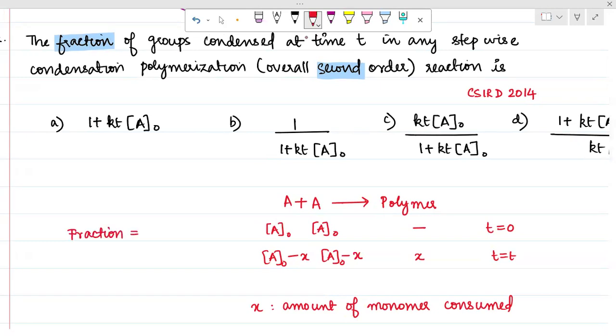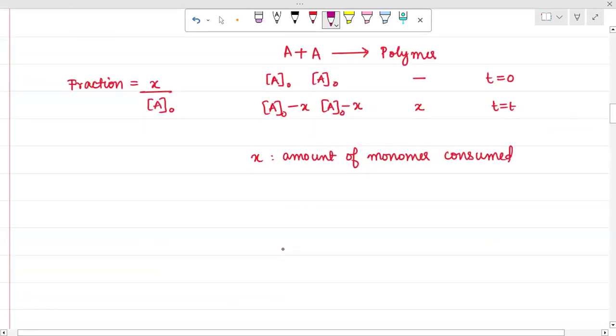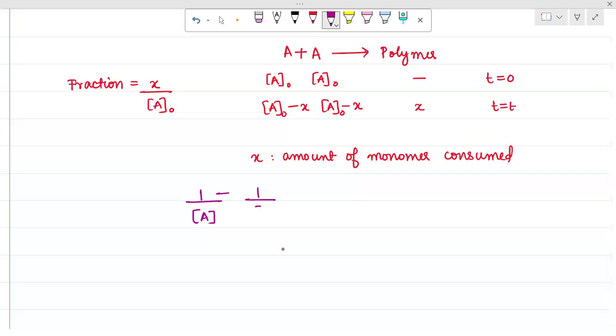And what is fraction equal to? Fraction is the amount consumed divided by the initial amount of the monomer. Right? So this is the second order which is already given. So let's try to solve it, using the integrated rate equation for second order kinetics: 1 by A minus 1 by A naught is equal to K into t.